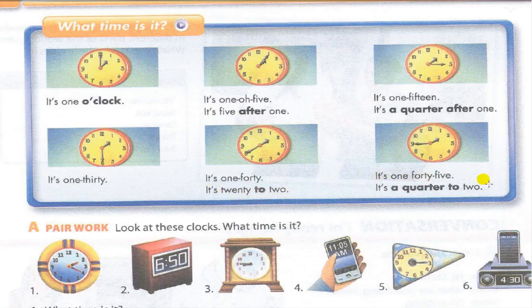It's 1:45. It's a quarter to 2. It's 1 hour 45 minutes. It's 15 minutes minus 2 o'clock. It's a quarter to 2.